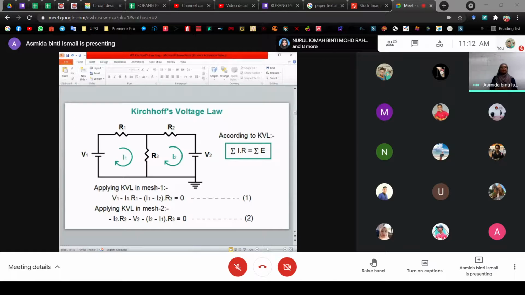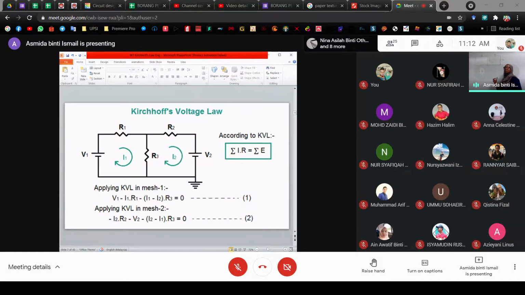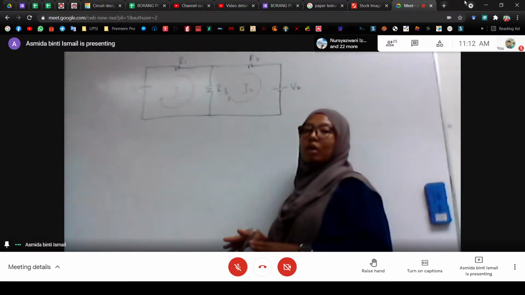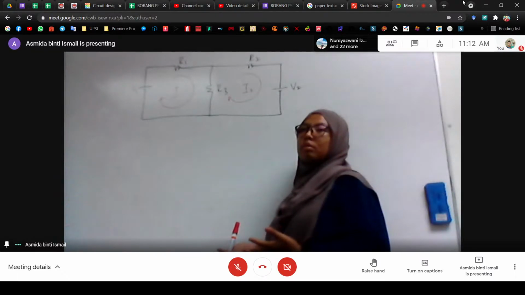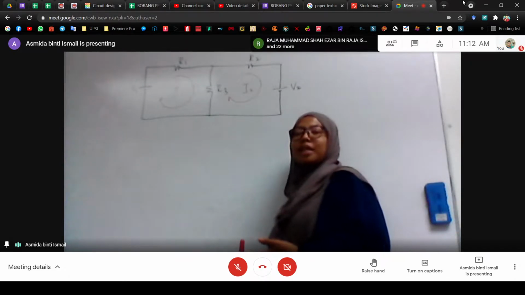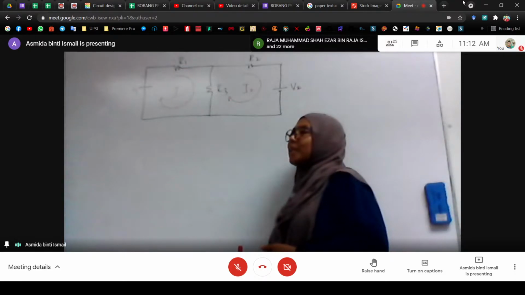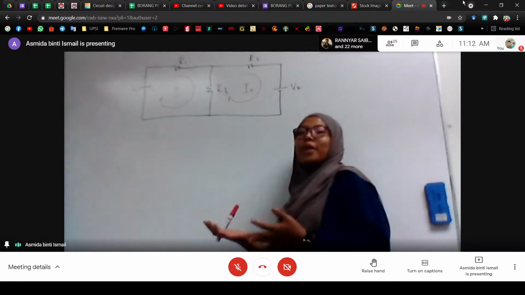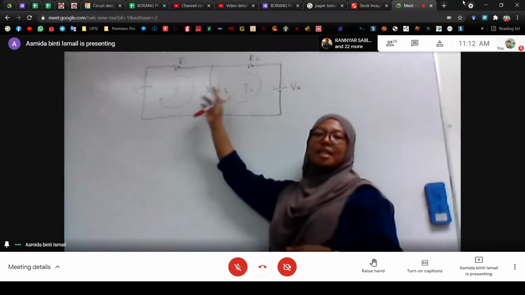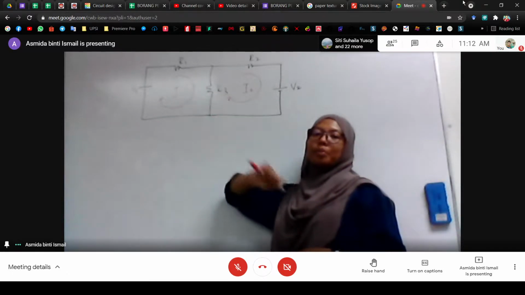After this, we need to use Kirchhoff voltage law to terbitkan persamaan, to find out the equation based on this closed loop.